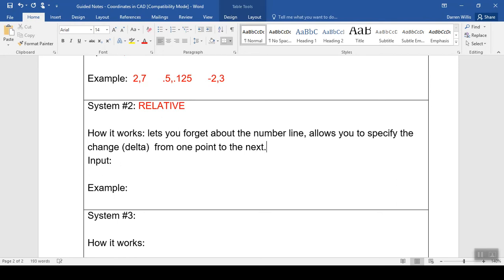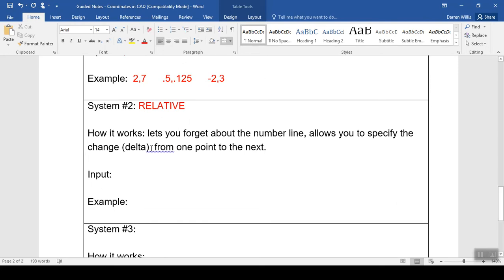But again, that's my definition. You should have something that makes sense to you. If you were going to explain how relative coordinates worked to a 10-year-old, what would you explain? What would you tell them?